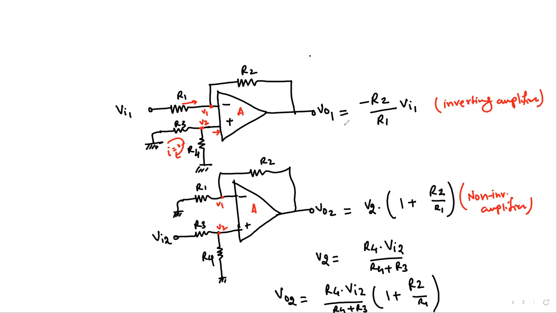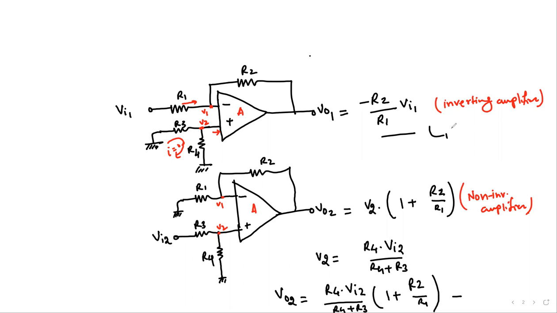So we know that VO1 is this and VO2 is this. So we can simply sum these two expressions together. So VO would be VO1 plus VO2, and we can just write these values here that we obtained. Let's say this is equation 1, this is equation 2. So what is to be understood from these two is that we can get the final gain expression.